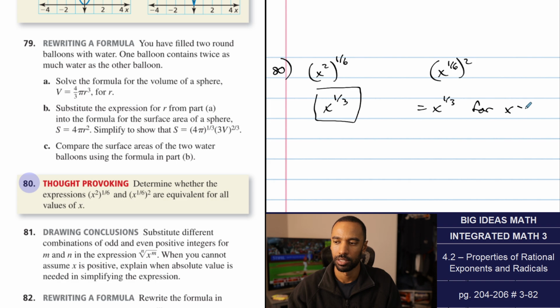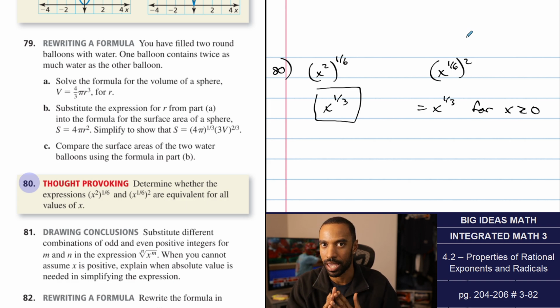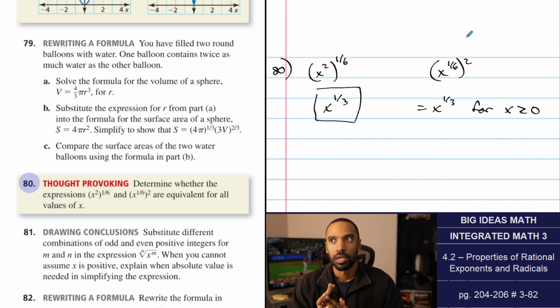Because if you have a negative value that goes in for x here, a negative value to the 1/6 power is the 6th root of it. If you take the 6th root of a negative number, you get a non-real answer. Even if you work with the imaginary value, when you square it, it turns negative. Squaring an imaginary number turns it negative.